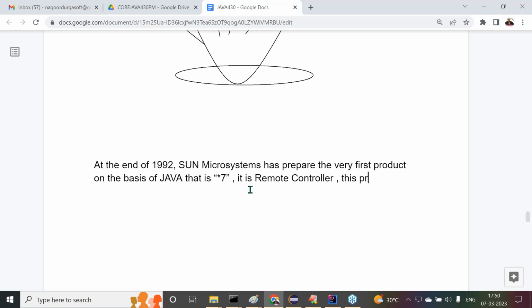Unfortunately, this product is a failure product. It took nearly 1.5 years to find a customer for Star 7.